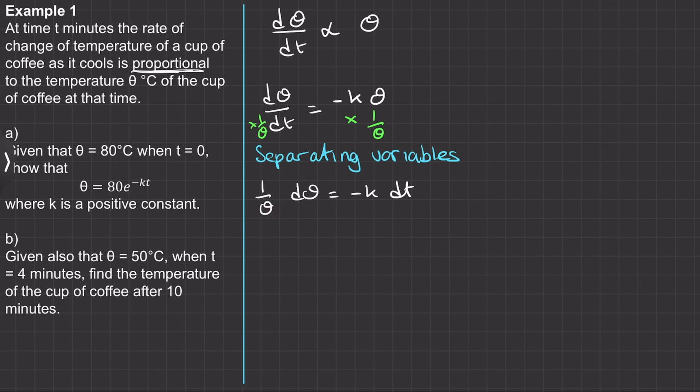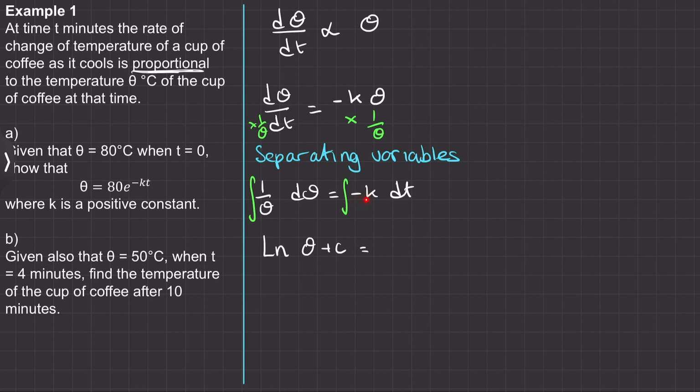So now that the variables theta and t are separated, I'm going to take the integral of both sides, this side with respect to d theta and the right side with respect to dt. When you integrate 1 over theta with respect to theta, we get the natural log of theta plus a constant term.